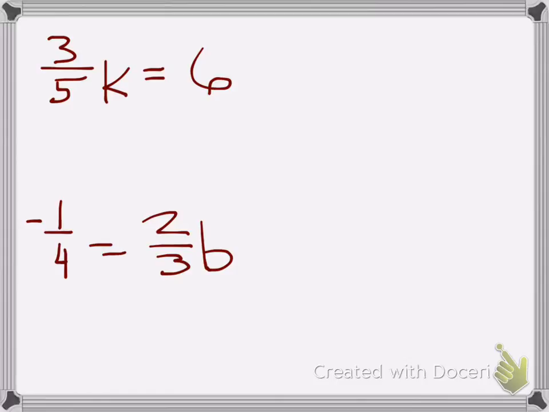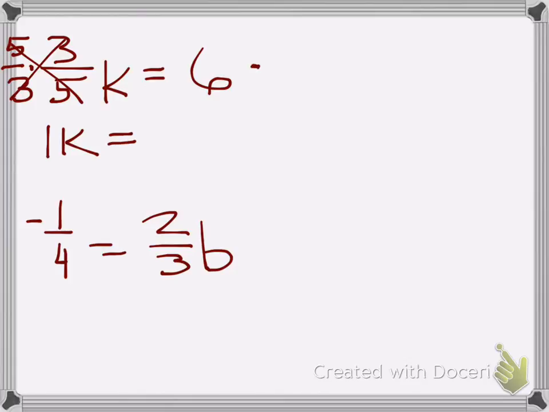So think about when we were doing all of the different properties, the multiplicative inverse property, where you multiply by the reciprocal of the number, gives you 1 as the answer. That's our goal when we're trying to cancel out the fractions when they're with the variable, is to get it to be 1. So that means we need to multiply this one by 5/3, and that will make this now 1k, and that's our goal.